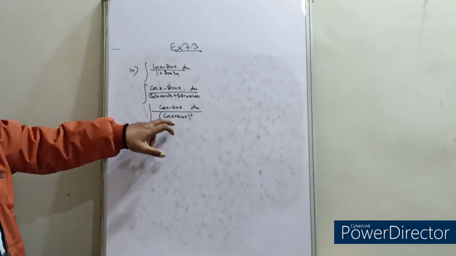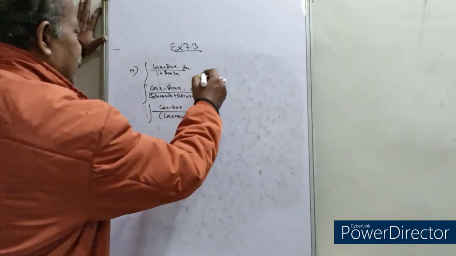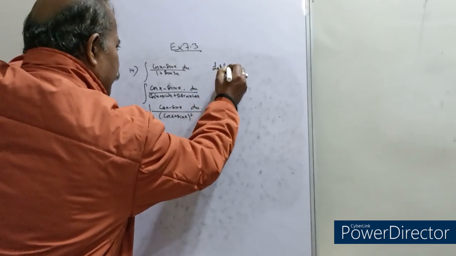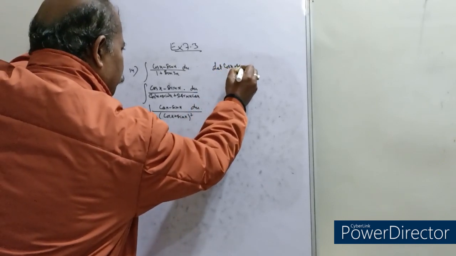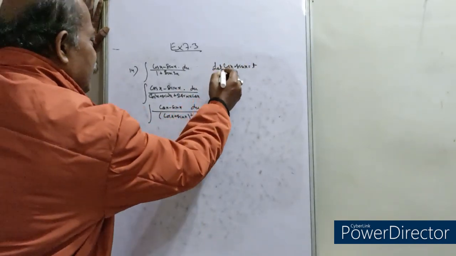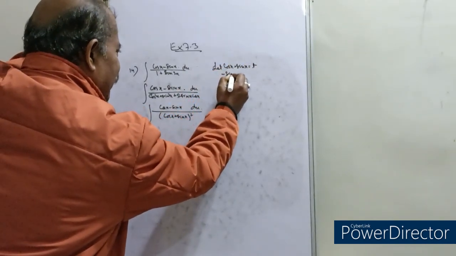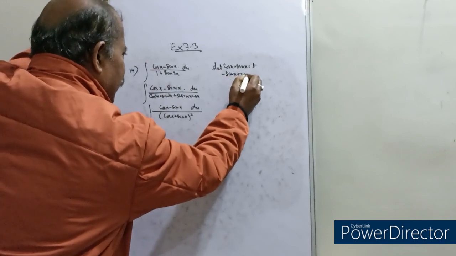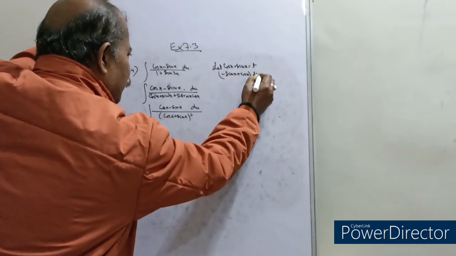Now let us suppose cos x plus sin x is equal to t. When you differentiate it, you get minus sin x plus cos x dx is equal to dt.